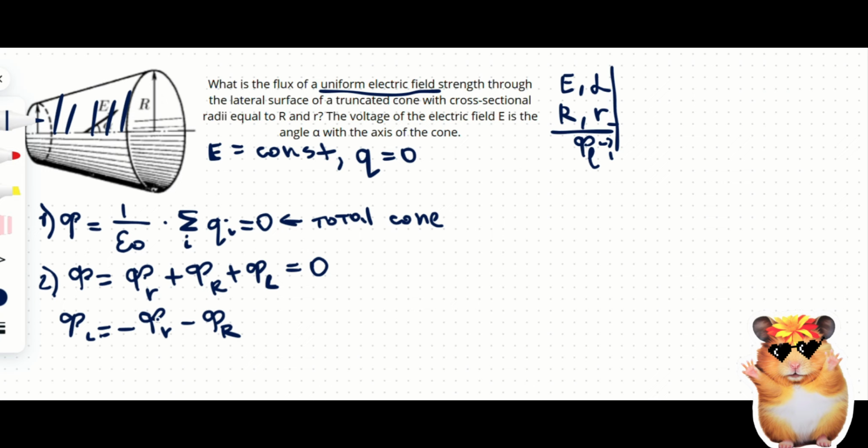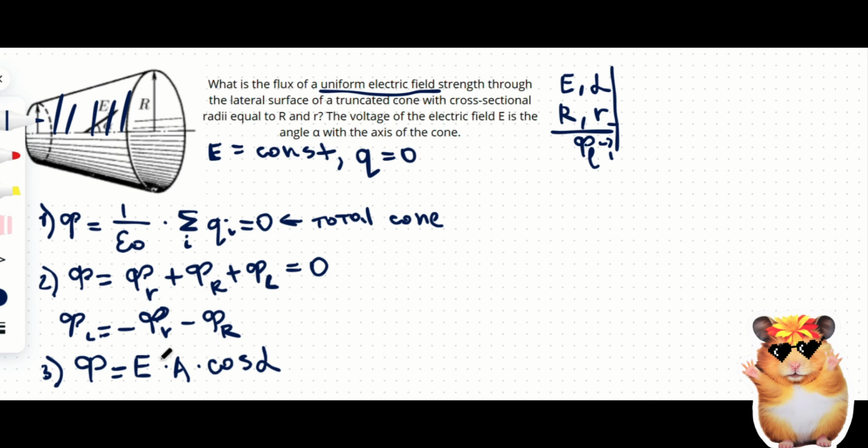And what are we going to do next? The third step is to renew our knowledge about fluxes. Flux is equal to electric field multiplied by area and multiplied by cosine alpha.